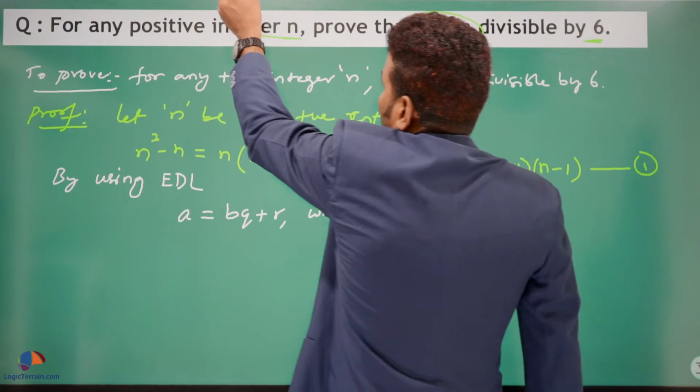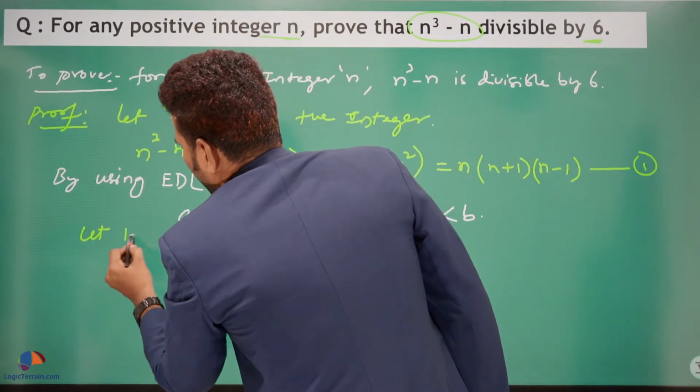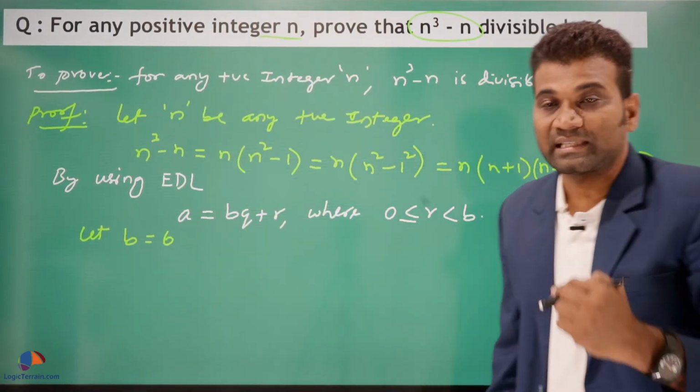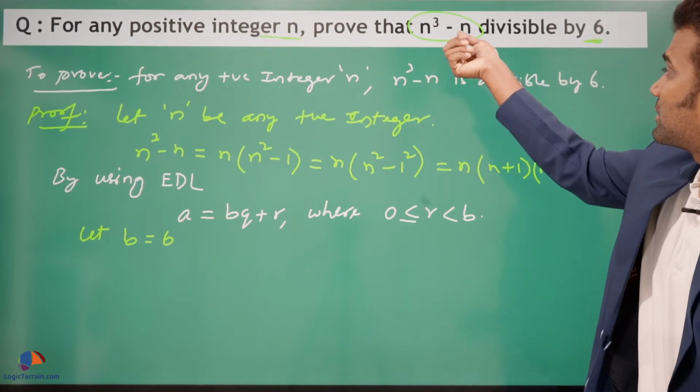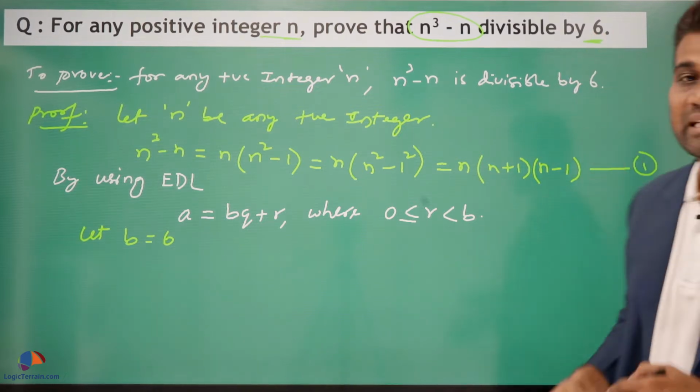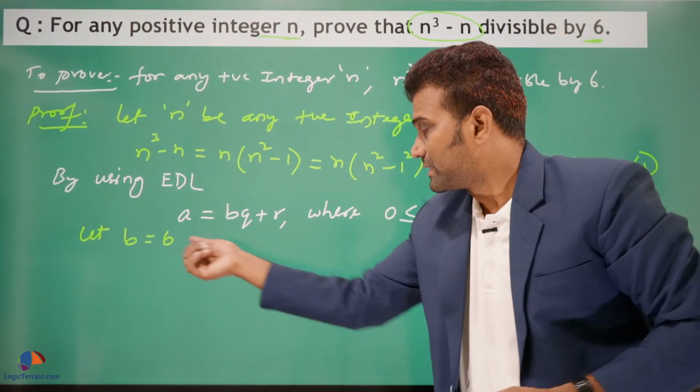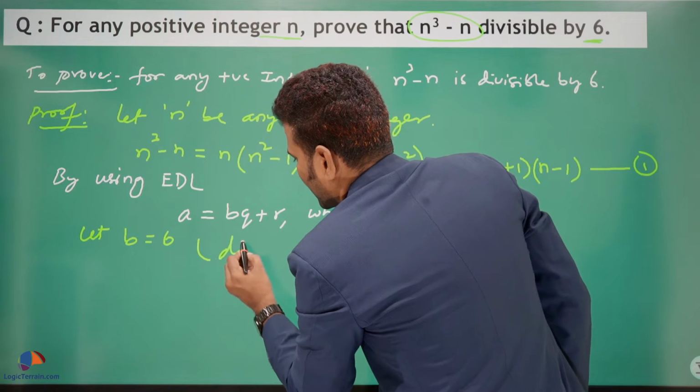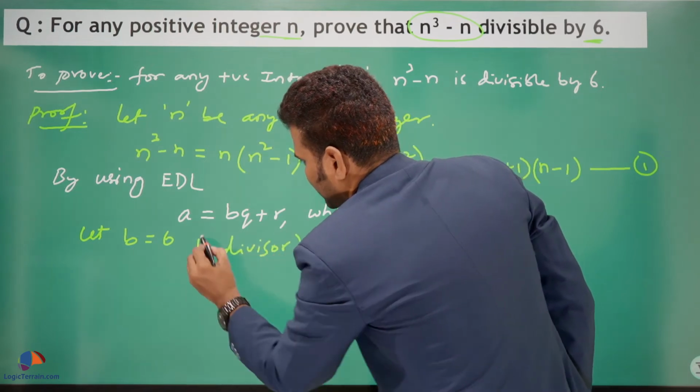So here let b equal 6, since we have to check whether this is divisible by 6 or not, so b is the divisor.